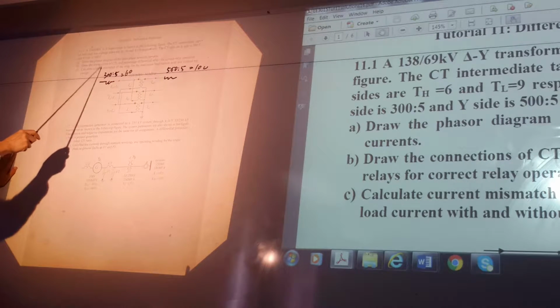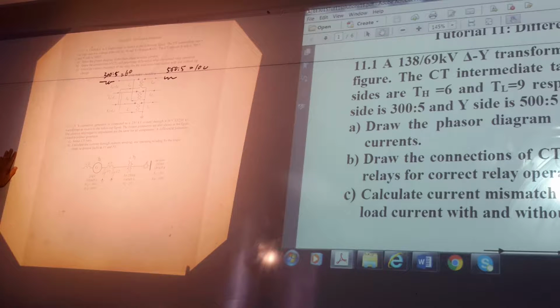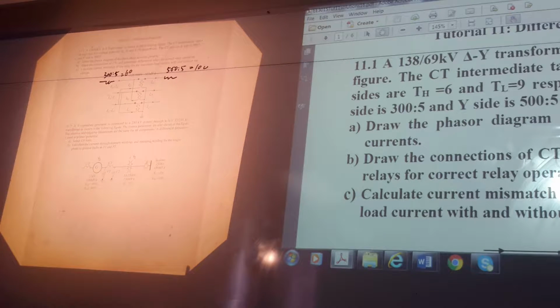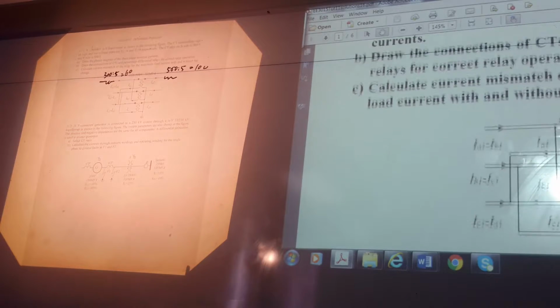And then finally, to compute the current mismatch at the relay, if you use the present configuration, what will be the mismatch? And then how you make use of the tap to minimize the mismatch. So this is what we are going to do. Alright? So I think this is the understanding.